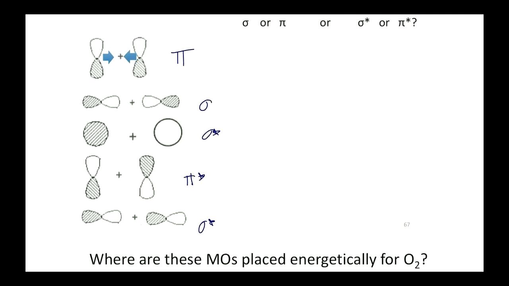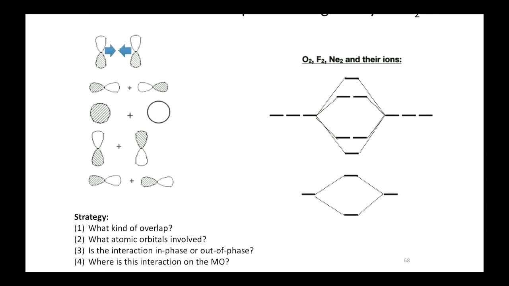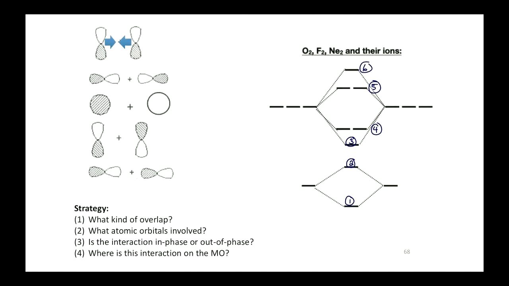Let's take it up a notch. Where would these molecular orbitals be on this diagram? I'm going to number the molecular orbitals 1, 2, 3, 4, 5, 6. We already did the hard part. We already determined what kind of interactions are happening. We have pi, sigma star, pi star, and then sigma star.